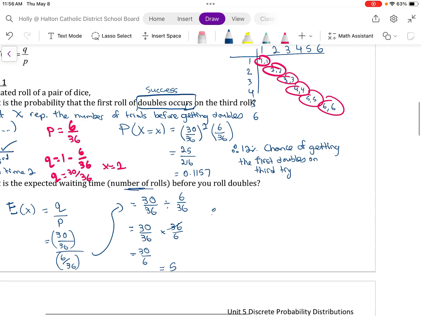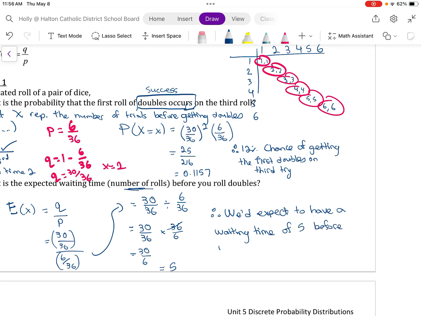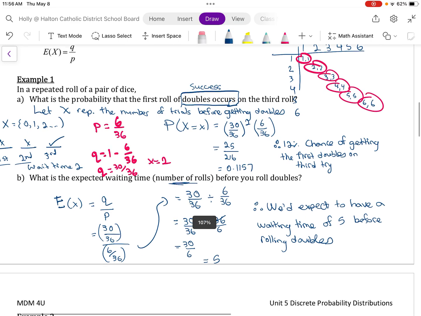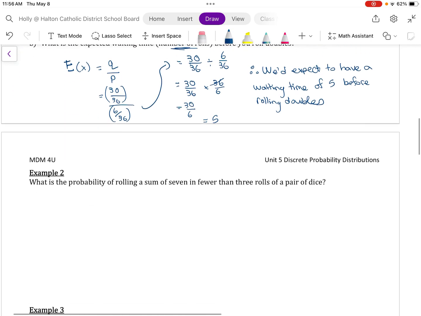So therefore, we'd expect to have a waiting time of 5 before rolling doubles. Okay, so that would be doubles there. So this is what geometric distributions look like.